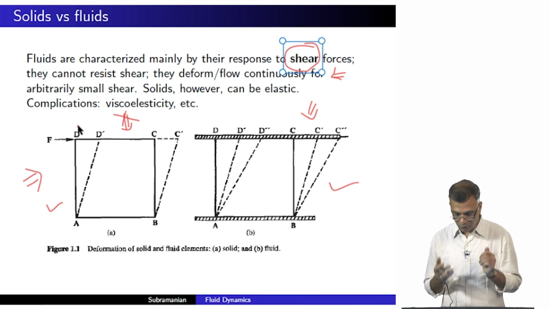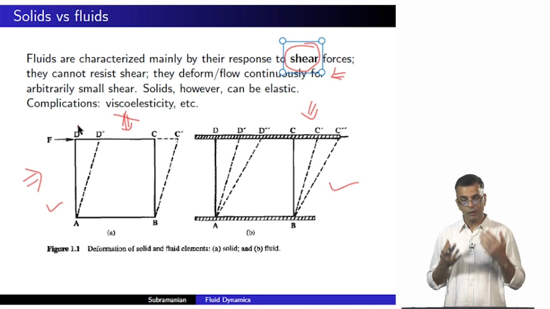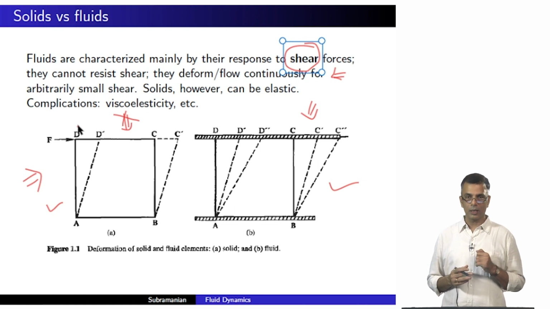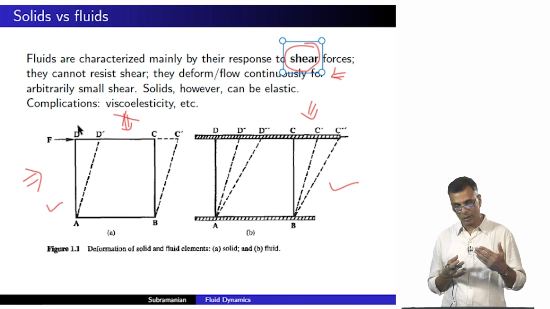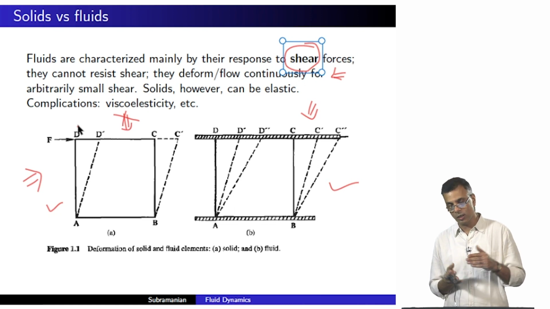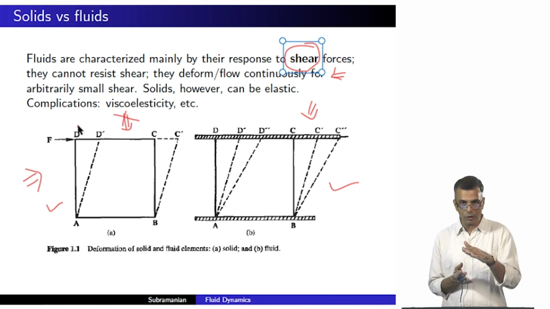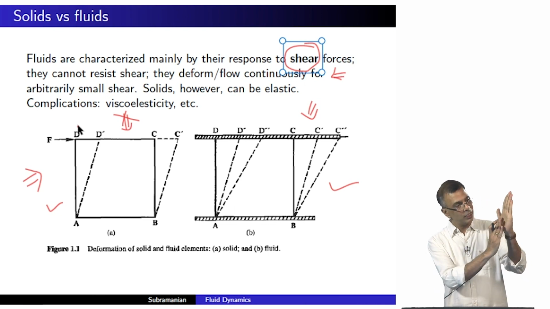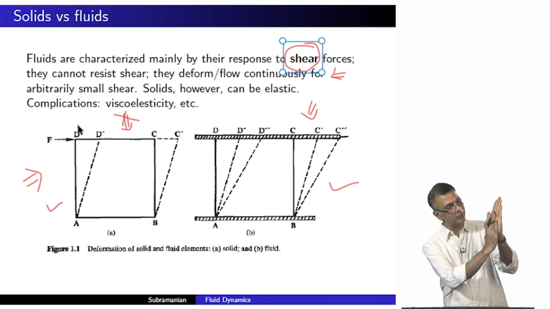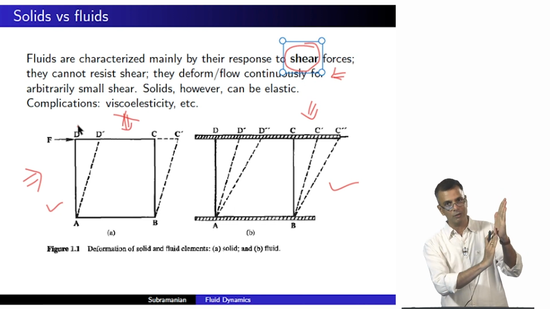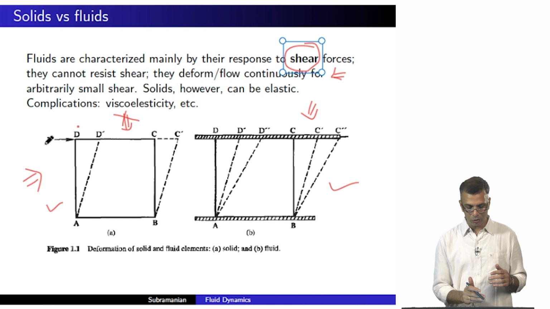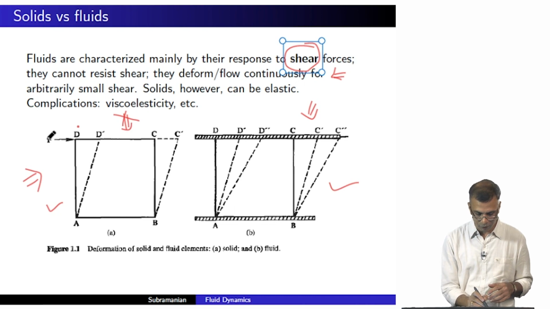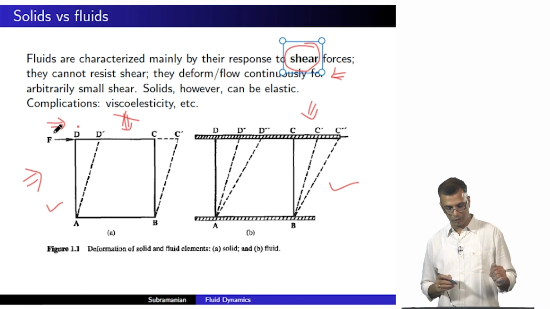Whereas fluids, on the other hand, the fundamental difference between a fluid and a solid in some sense is its ability to withstand shear. You apply a shear force, being any force that's not normal to the surface, any force that's parallel to the surface, either this way or that way, or a combination of these. So here's an example of a force that's parallel to the surface, and so you're applying this kind of a shear force.